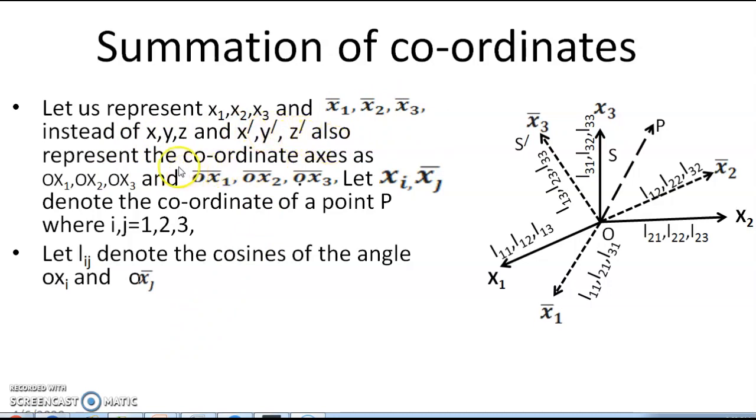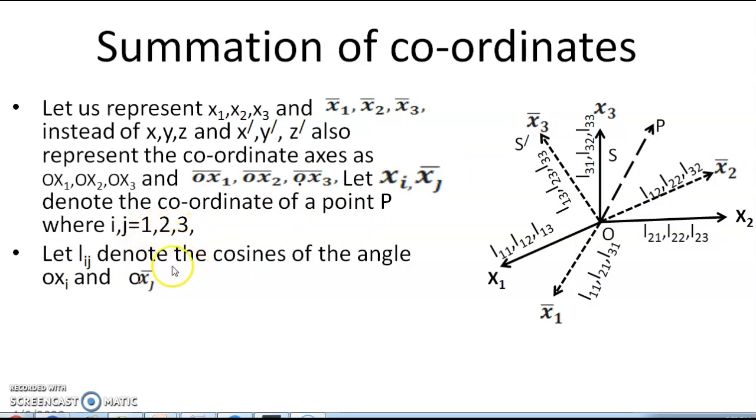And also represent the coordinate axes as ox1, ox2, ox3 and ox1 bar, ox2 bar, ox3 bar. And also xi and xj bar represent the coordinates of a point P where i, j represent 1, 2 and 3.